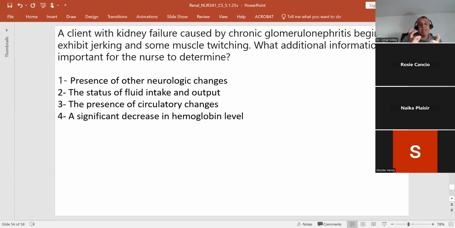So from all these physiological or lab findings, which have resulted from CKD as a consequence of chronic glomerulonephritis, what if this patient developed jerky movements and muscle twitching?